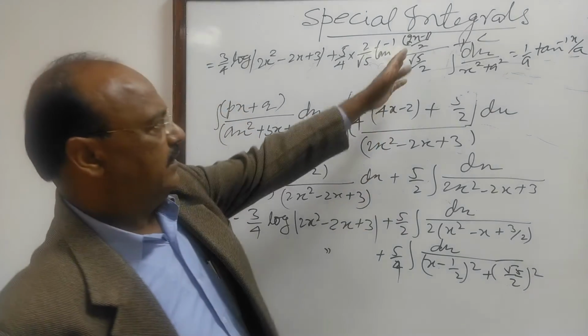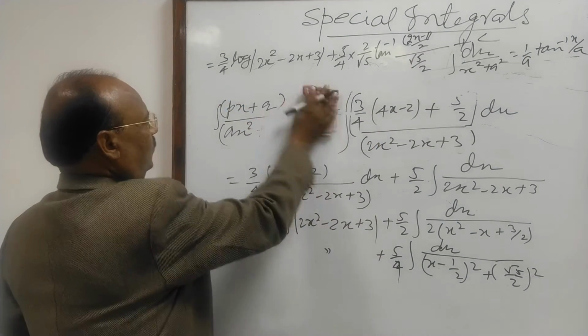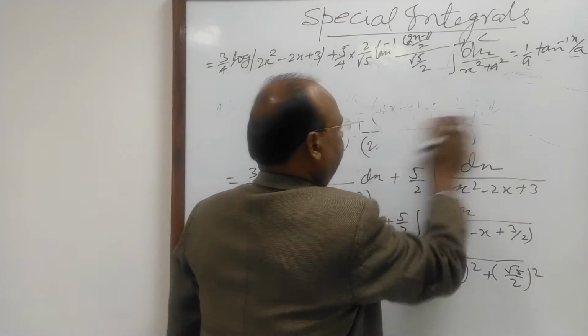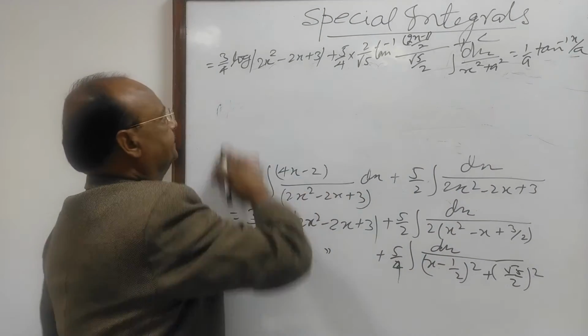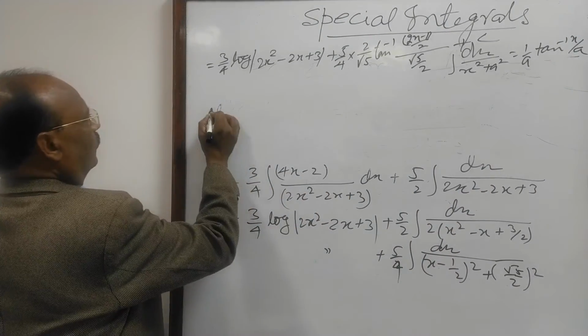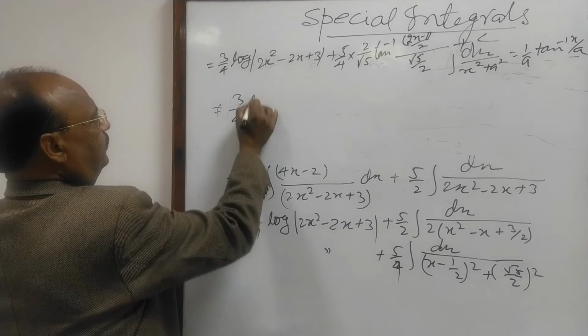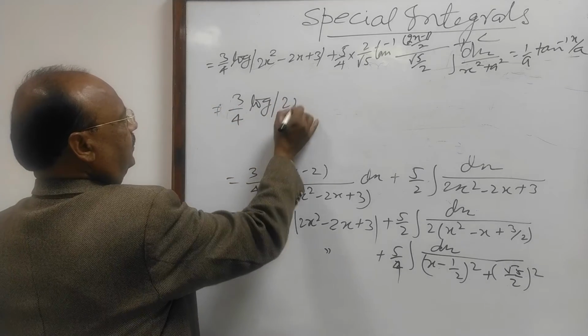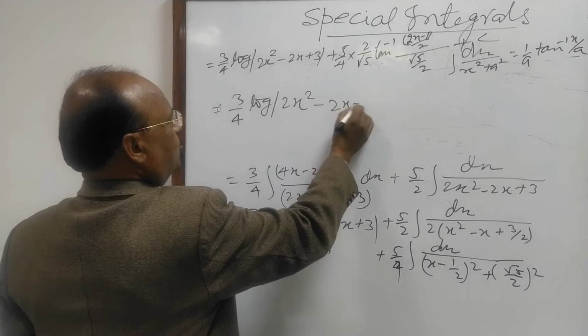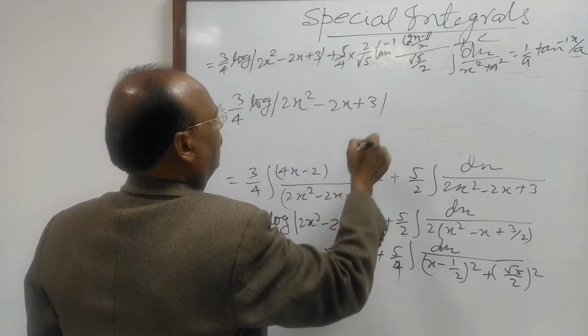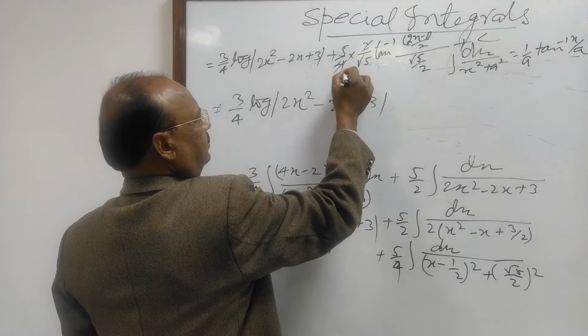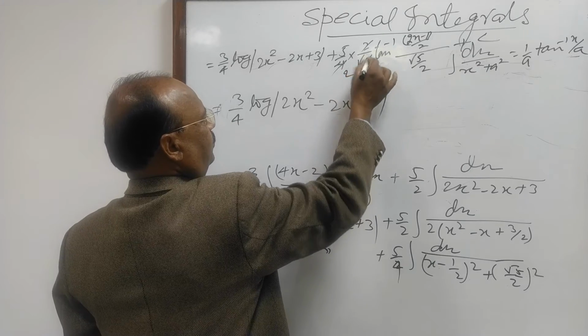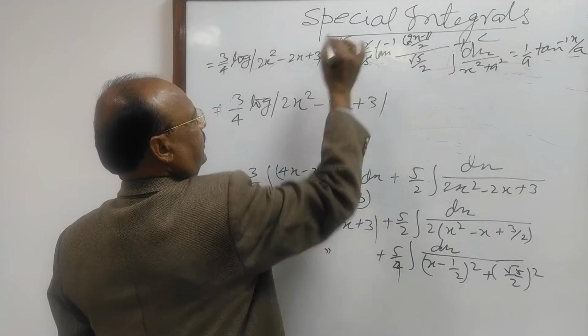So now we are getting the result here. Here our result is (3 by 4) log of 2x square minus 2x plus 3. Here you can cut this 2 with 4 and root 5 with this 5.